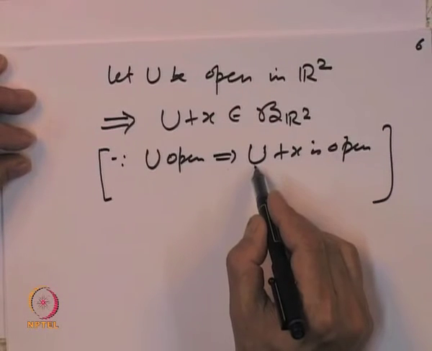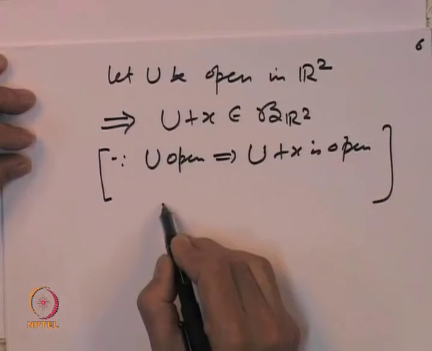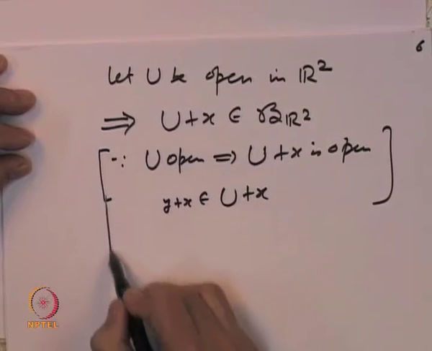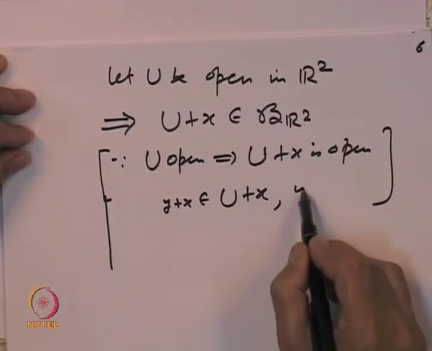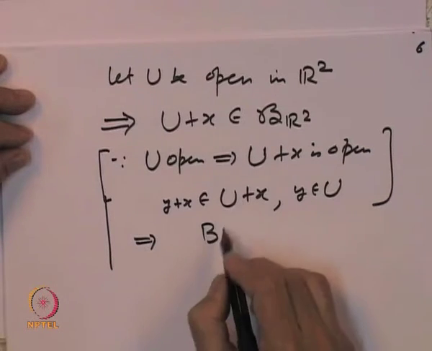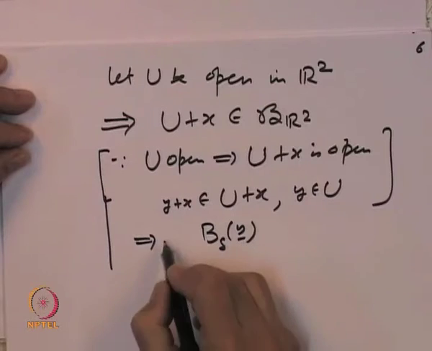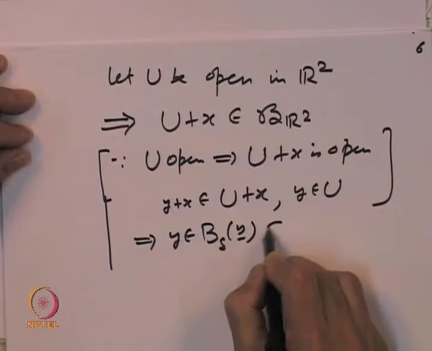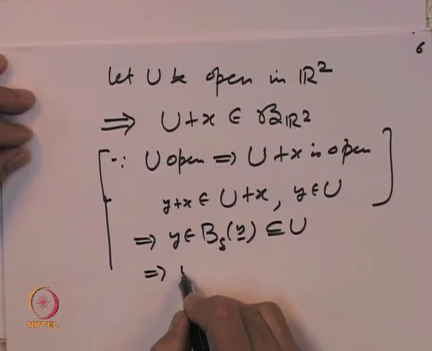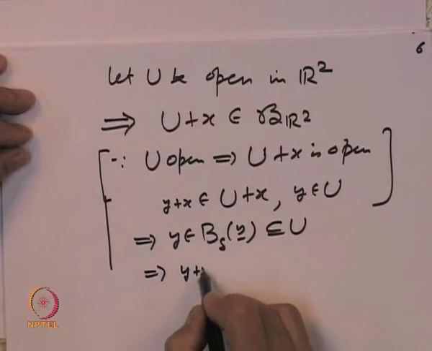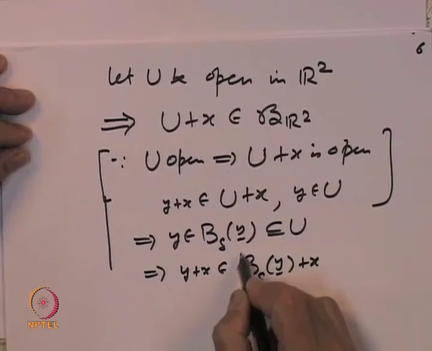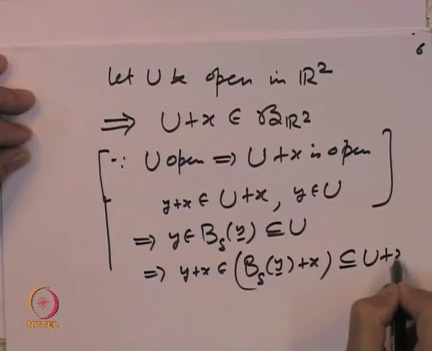Let us take a point y plus x belonging to U plus x, where y belongs to U, and U open implies there is a neighborhood, let us call it B delta y, which is contained in U. But then that implies that y plus x belongs to the translation of the neighborhood that is contained in U plus x.